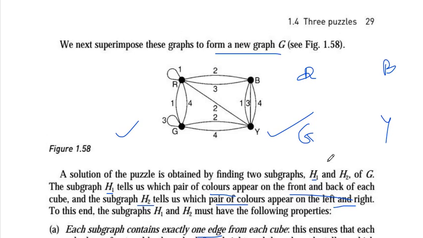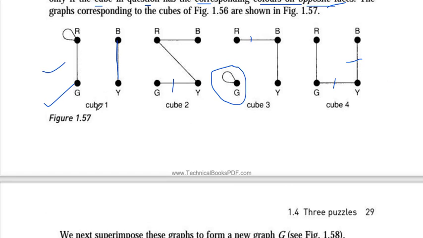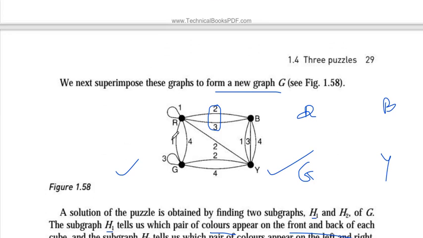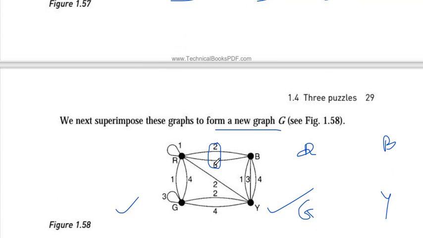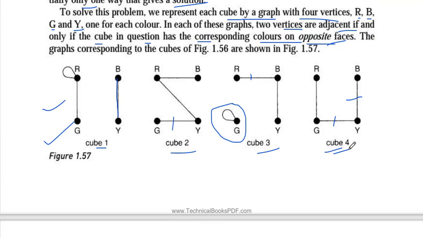For red and blue, how many edges are there? Two edges, 2 and 3. This edge is from cube 1. These two edges are from cube 2, cube 3 and cube 4. I forgot to tell you that this 4 represents cube 4.